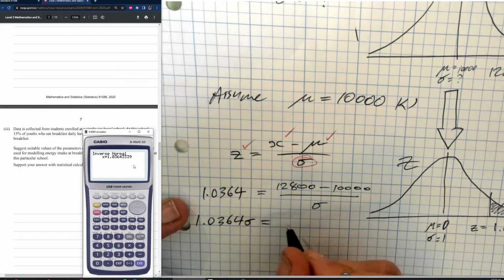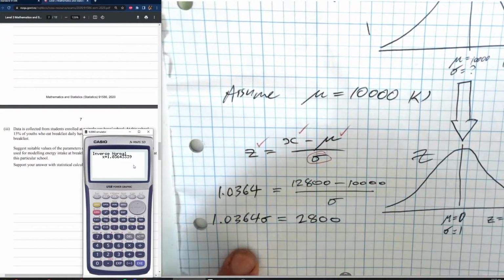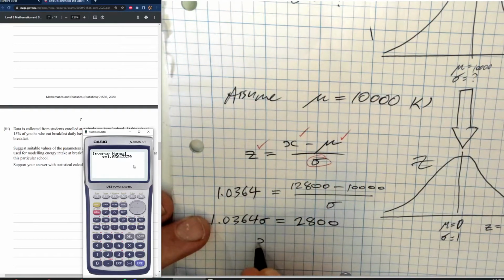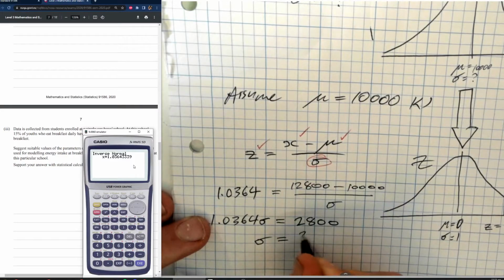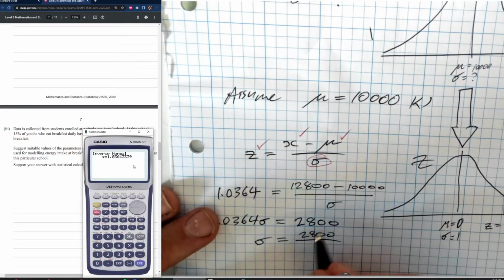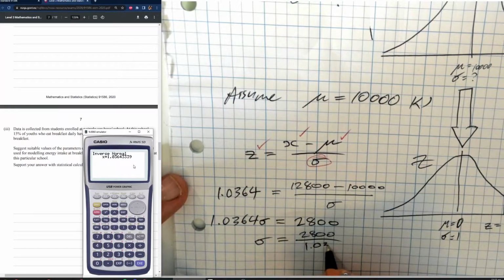12,800 minus 10,000, I made that number nice, gives us 2,800. Now, all we need to do is get sigma by itself. So sigma is just going to be equal to 2,800 divided by 1.0364. If we divide both sides by this number, it will get rid of it on the left side.